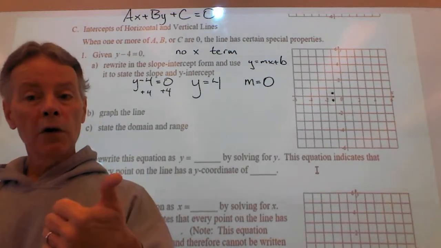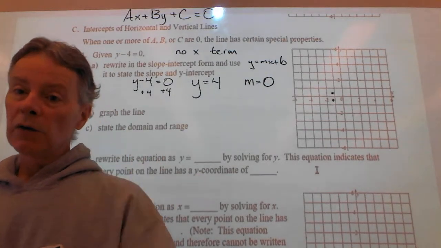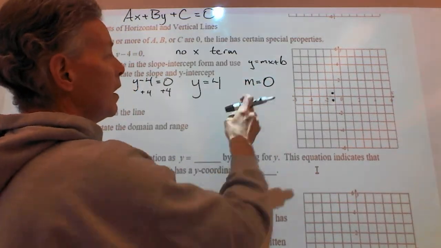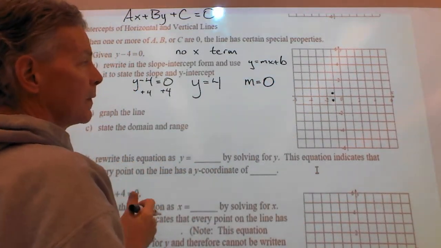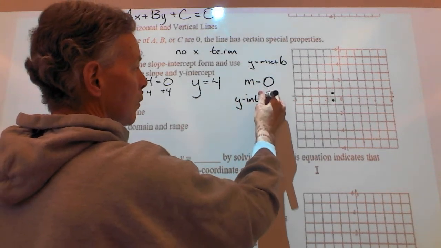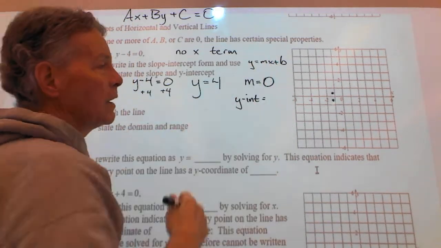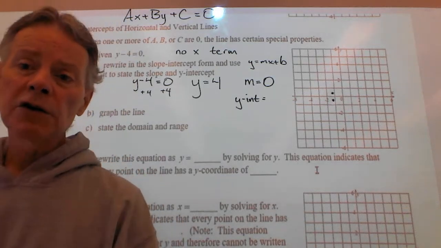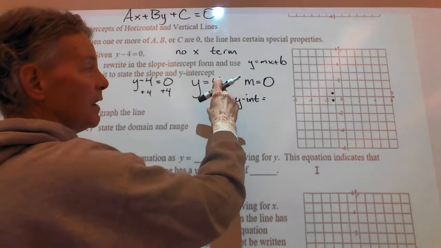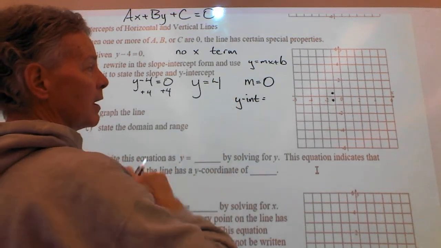Okay? So no x variable means no slope. And if you have no slope, that simply means you have a slope of 0. Okay? What's your y-intercept? Well, again, remember we said that's why we like this form of the equation so much, because it tells you what the y-intercept is. The y-intercept is this number here that's all by itself.